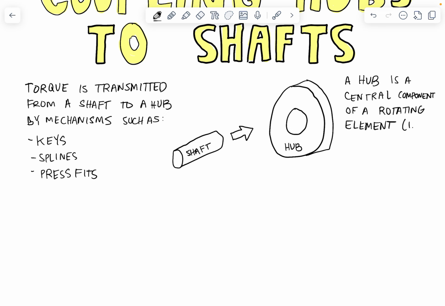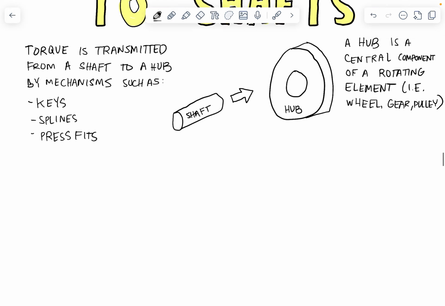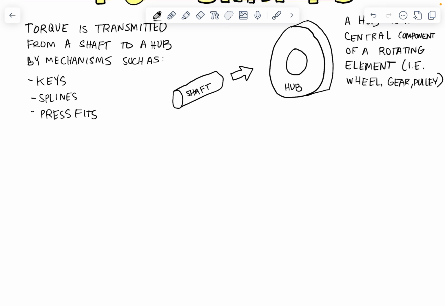So again, that might be a wheel, a gear, a pulley. And in this section, we're going to talk about different ways that we can connect a hub to a shaft. So first, let's start off with keys.